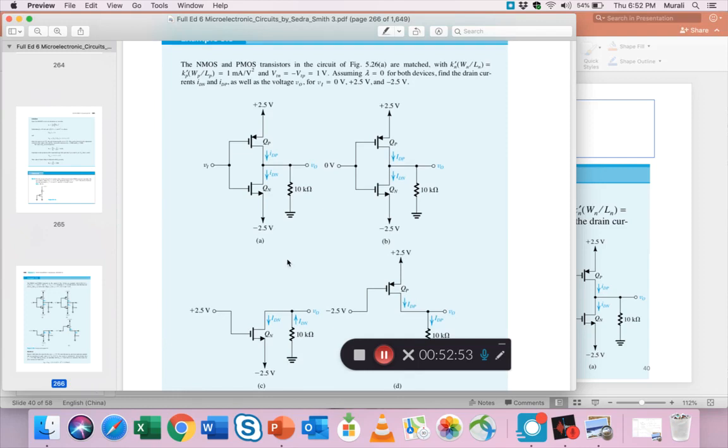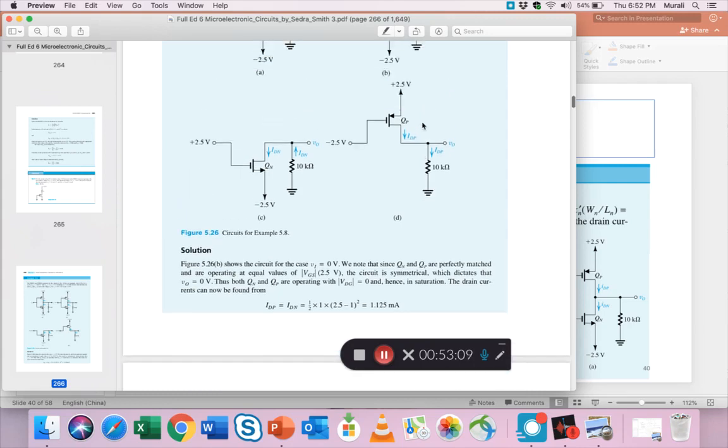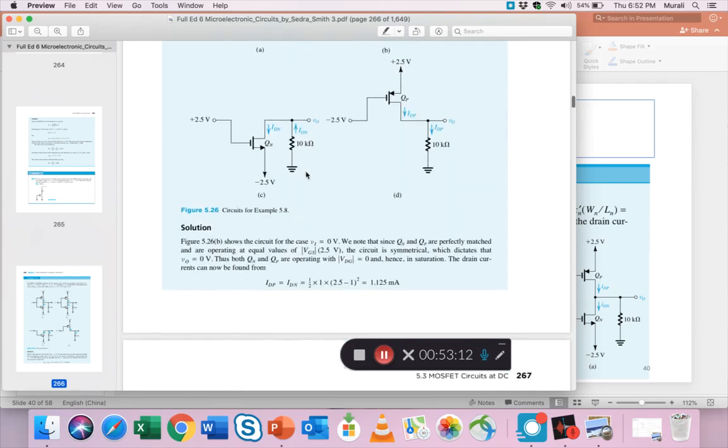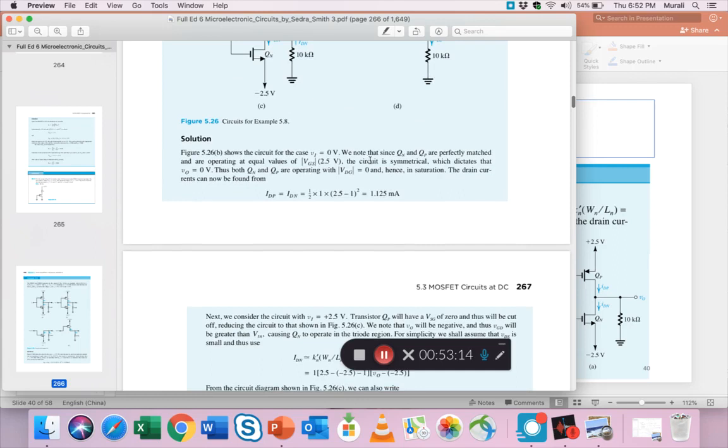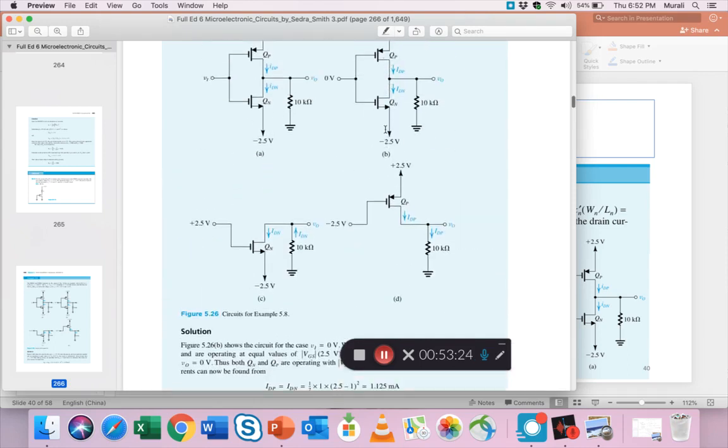The trick he shows us is that when you apply 0 volts, everything is symmetrical. So if you just calculate one drain current, you know the other also, which is 1.125. Because everything is symmetrical, this V0 stays at 0. Both are operating to cancel each other out, so V0 is 0.